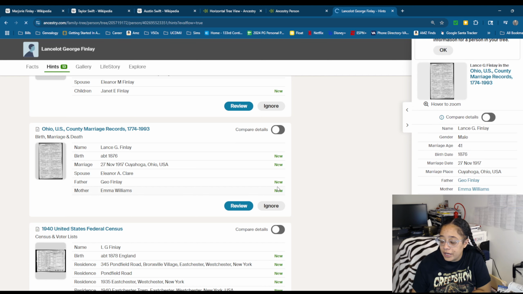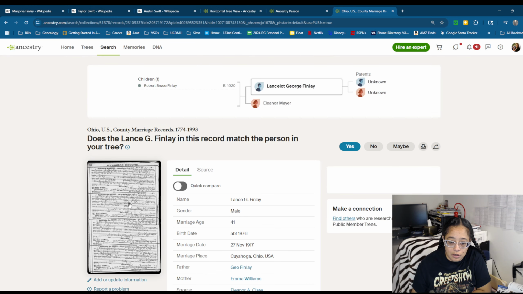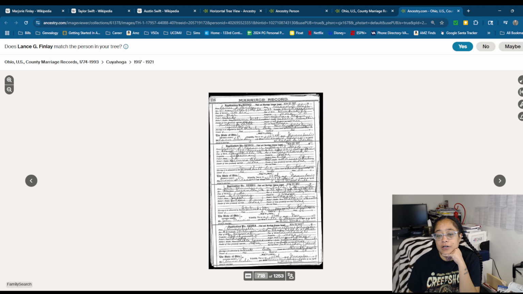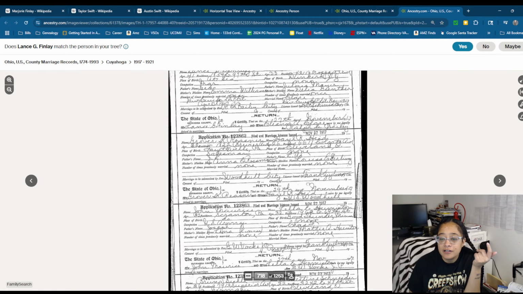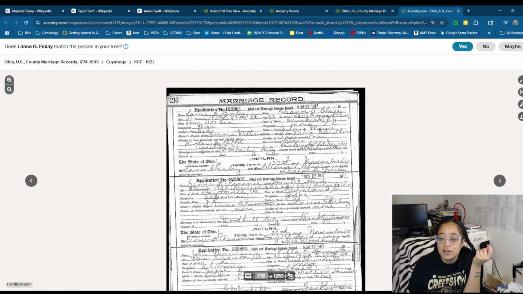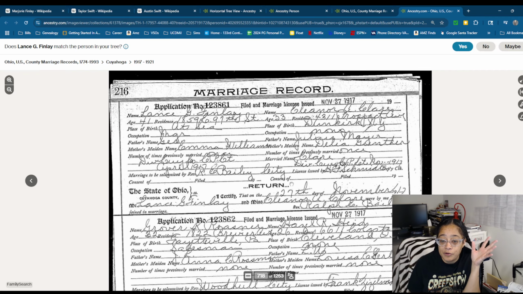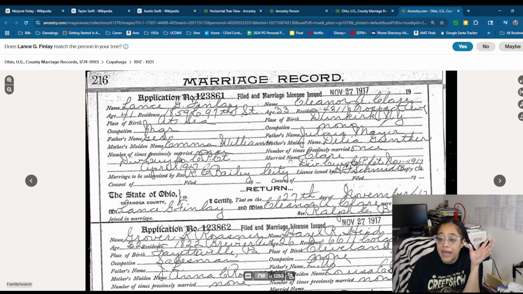And view record page. I'm going to open in a new tab. So this gives you a little bit different take. You saw Pennsylvania's marriage records already. Here is how Ohio looks. So this does include the application, but it's a lot more condensed, and you have multiple folks on the same page.